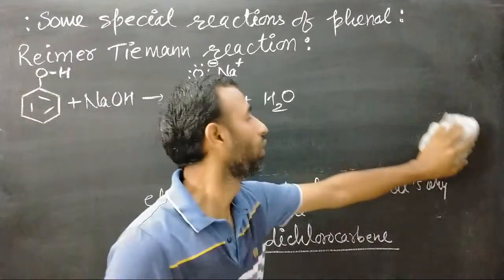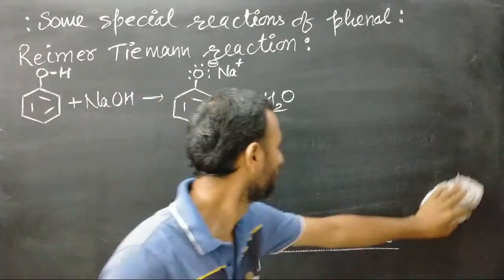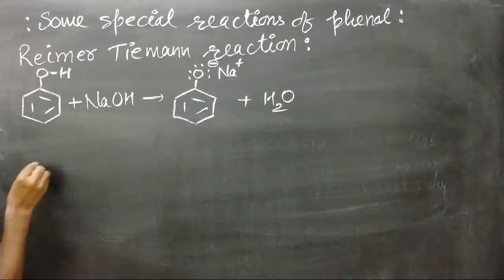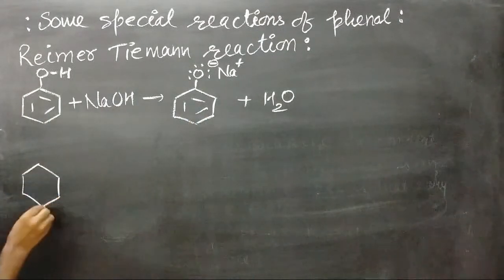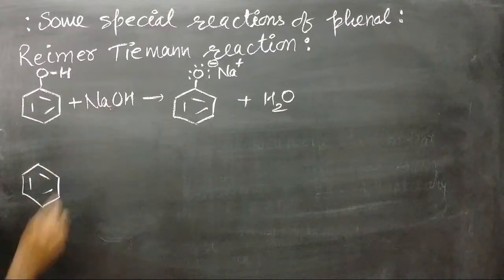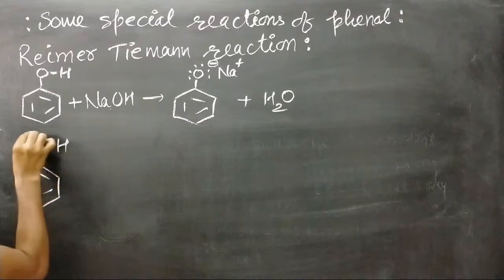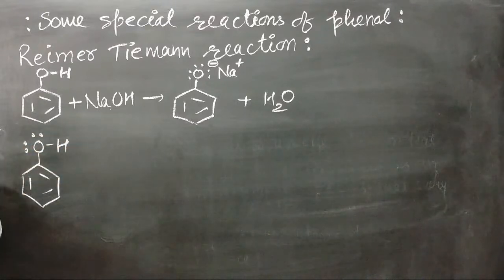So now, as it is an electrophile, it can easily attack phenol, or when it is in the basic medium, it is changed into phenoxide ion.